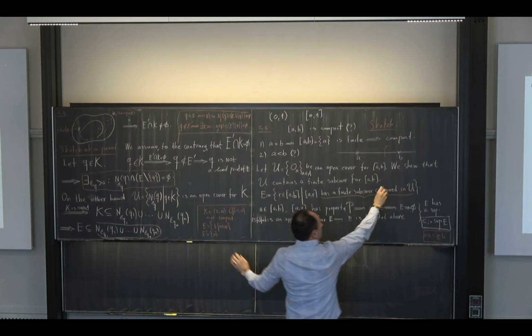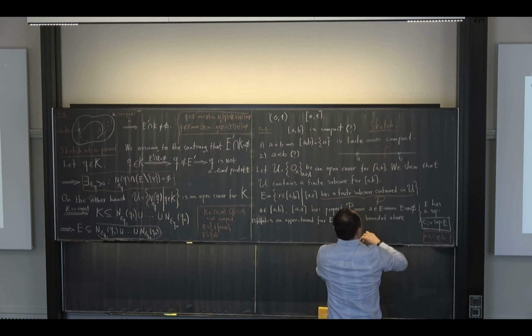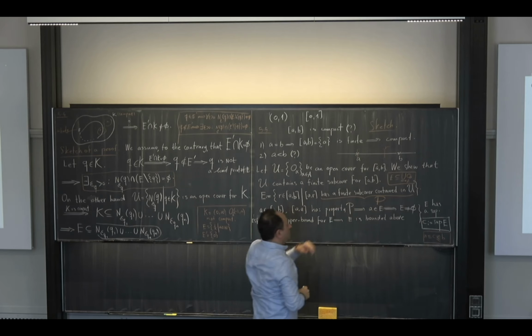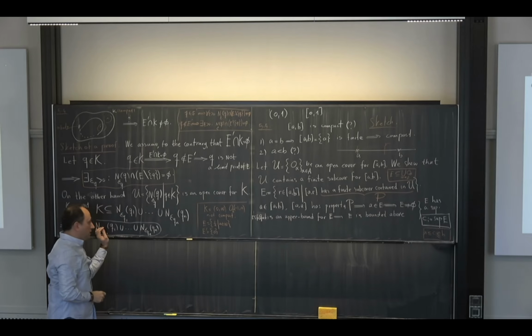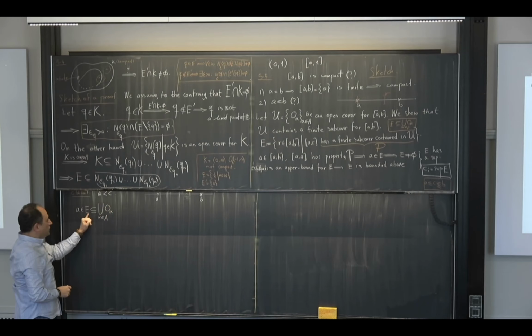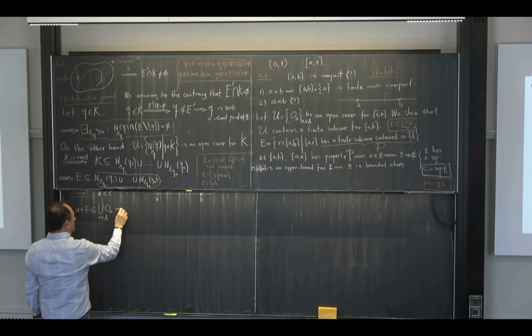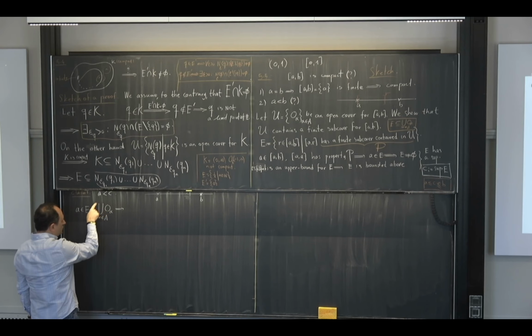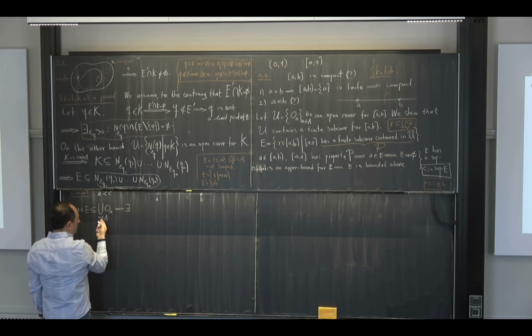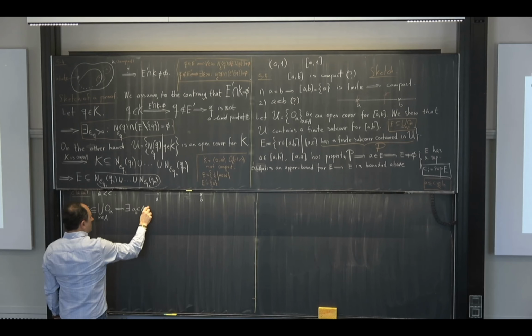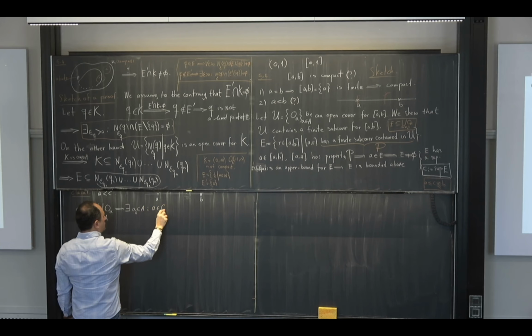So E is a subset of the union of all the O alphas. That's the meaning of being an open cover. So A belongs to E, and E is covered by this, meaning A also belongs to this set. So there will be an index, let me call it alpha naught, in the index set, such that A belongs to O alpha naught.